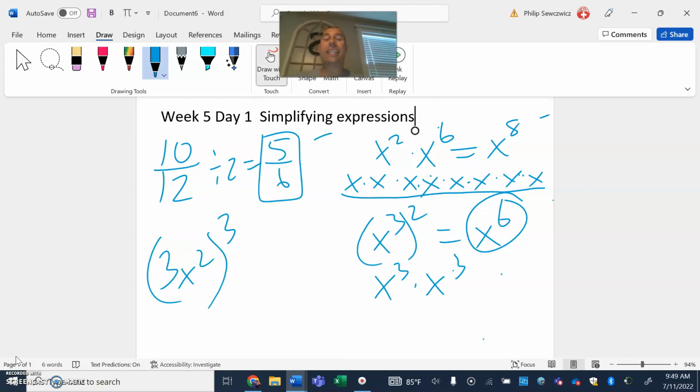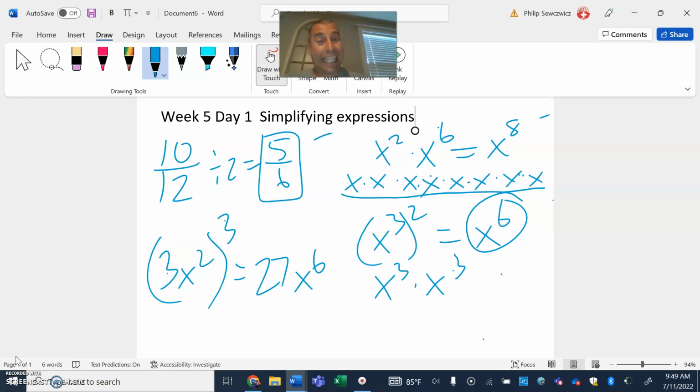And this 3 is a plain 3. It's not an exponent. It's 3x, and then it's to the 2nd power. So because it's a plain old number, it follows your plain old number rules. So what is 3 to the 3rd power? Well, 3 times 3 times 3, say hello to 27. And exponents, this is where I multiply. 2 times 3 is 6, so it's x to the 6th power.